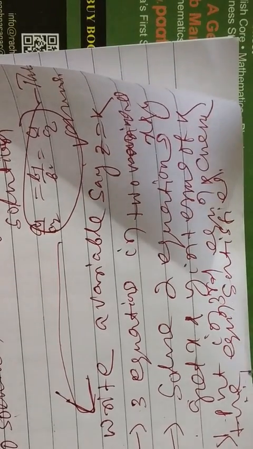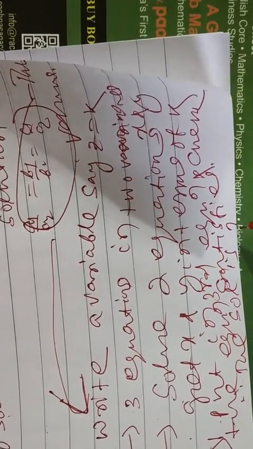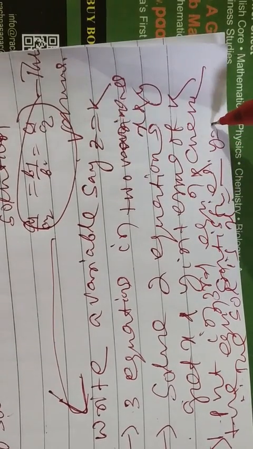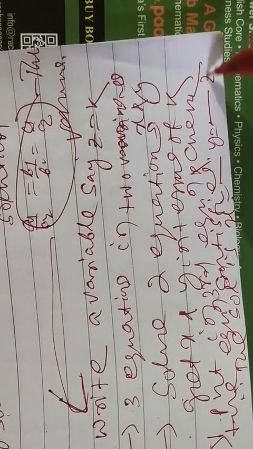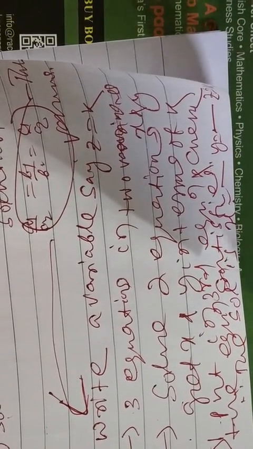Therefore, the solution is x equal to the value of x obtained, y equal to the value of y obtained, and z equal to k. For different k you will get different solutions.